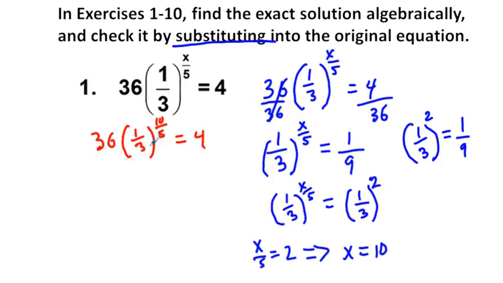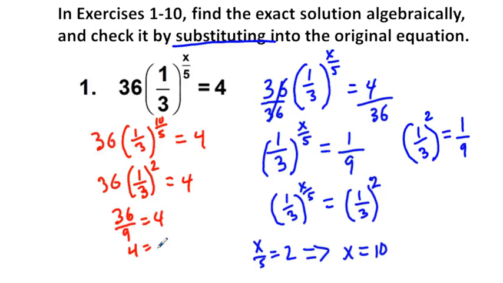Well, this 10 over 5 simplifies to 2, so we have 36 times (1/3) squared equals 4. And (1/3) squared is 1 over 9, so we have 36 over 9 is equal to 4, which simplifies to 4 equals 4. Check. So now we're sure that x equals 10.